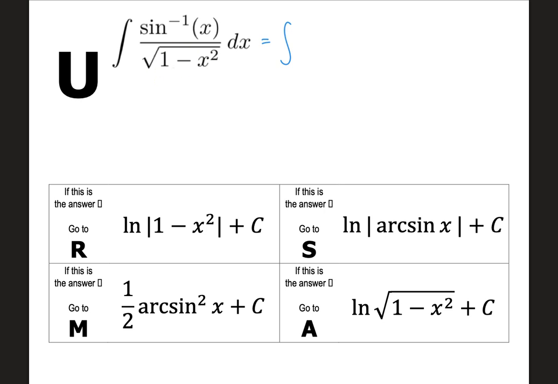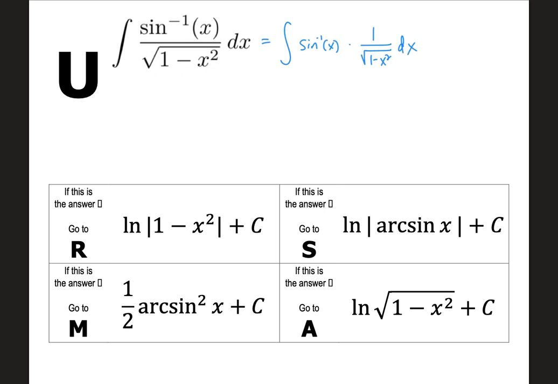So let's rewrite it to see it a little clearer. All I did was separate this numerator from the fraction, really from this denominator.